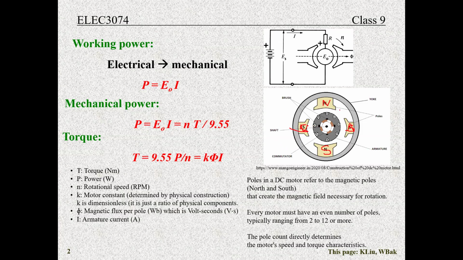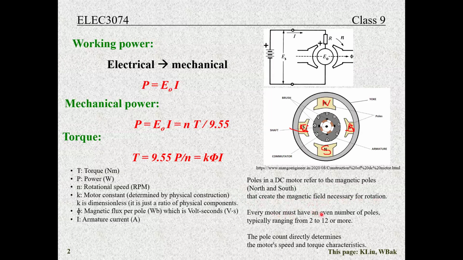So this would be a specific winding. Now over here there are only 2 poles. You see that on the top in the field? Only 2 poles. There's 4 poles. Poles in a DC motor refer to magnetic poles, north and south, that create magnetic fields necessary for rotation.